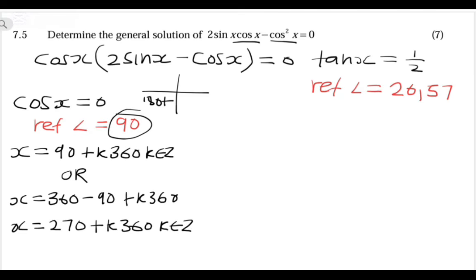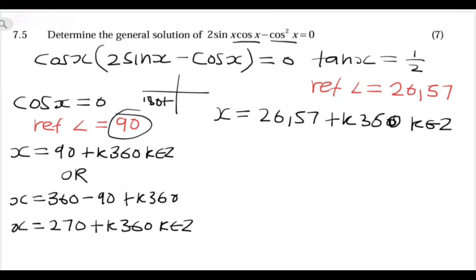So whenever we're looking for a general solution where any trig ratio is positive, the reference angle is going to be our first general solution. So the first general solution is going to be x equals 26.57 plus k 360.